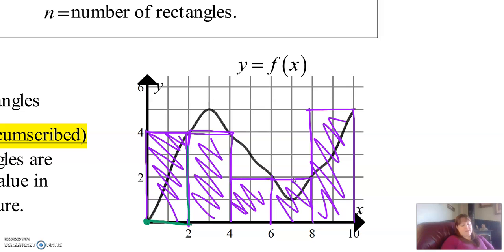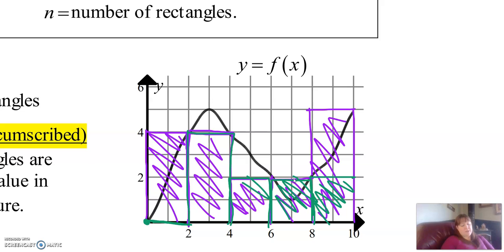Okay, and then the second rectangle would be this one here. And then the third rectangle would be this one here. And then the fourth rectangle would be this one here. And then the fifth rectangle would be this one.